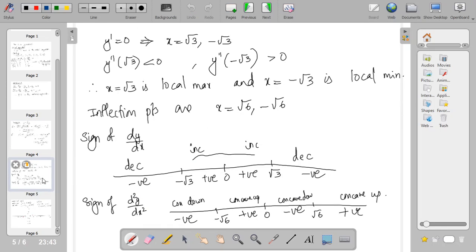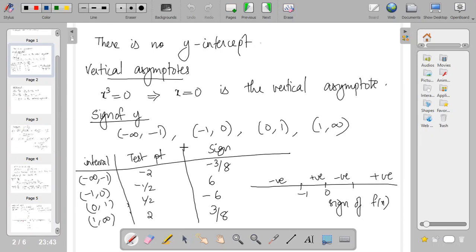Take the change of sign. So 0 to root 3 the function is increasing, okay, 0 to root 3 increasing, and 0 to 1 you have a negative sign. So increasing and negative sign.